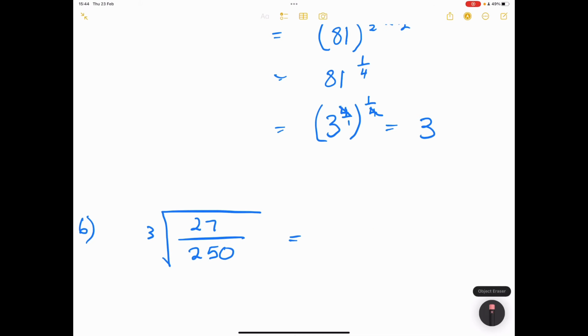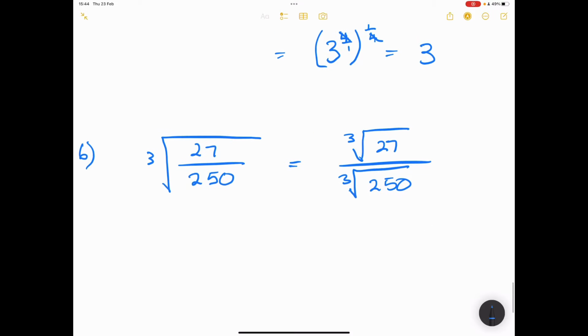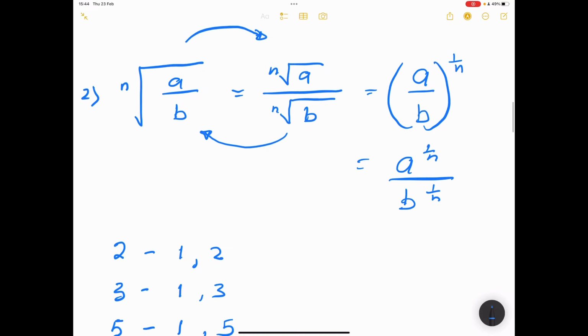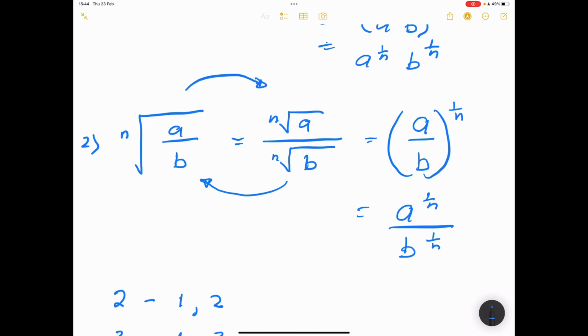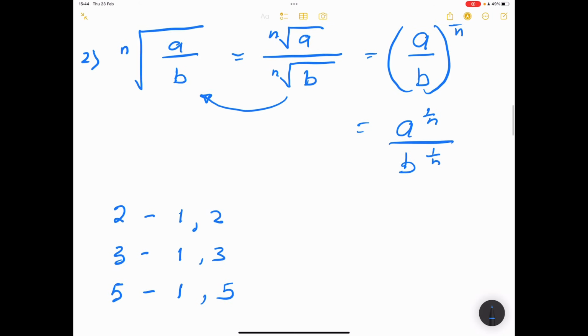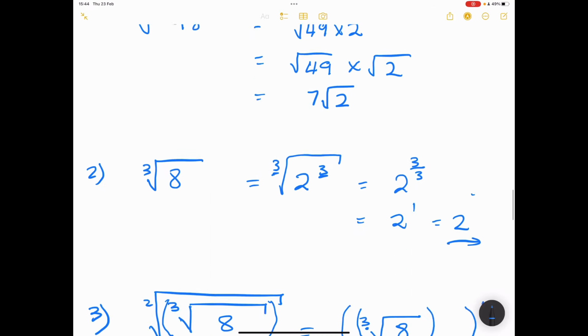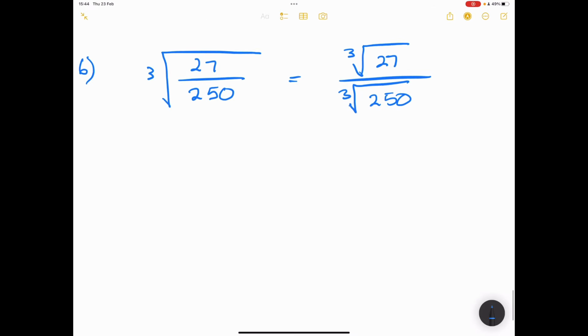In fact, let's write this as the cube root of 27 divided by the cube root of 250. So remember our second rule: once you've got the nth root of A over B, you can actually divide the nth root of A by the nth root of B. All I've done was to separate them.